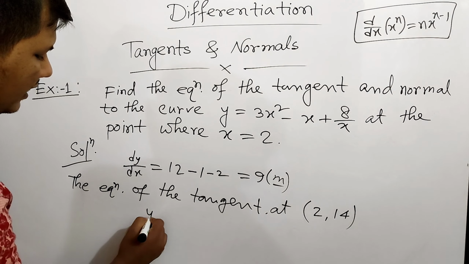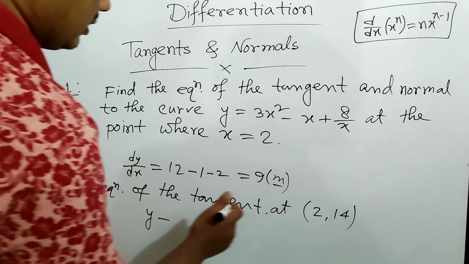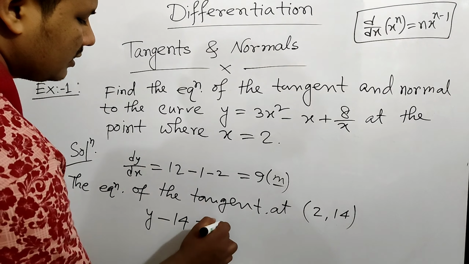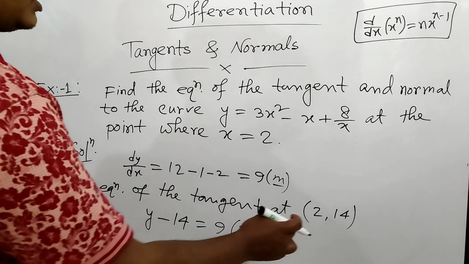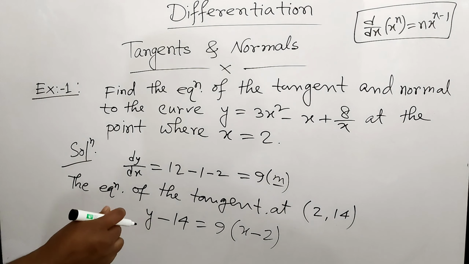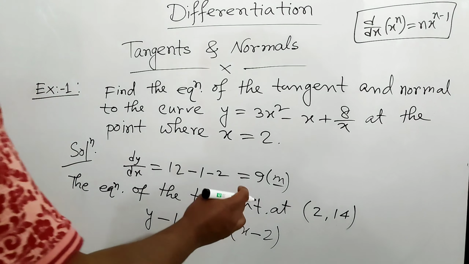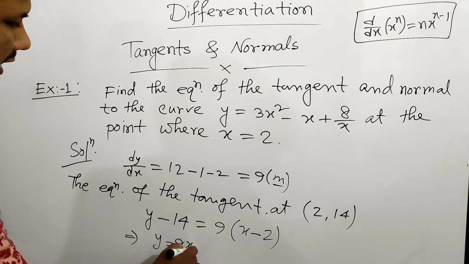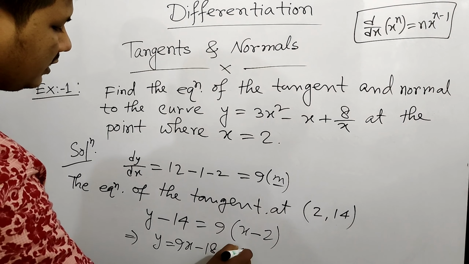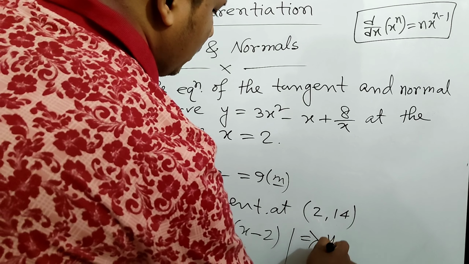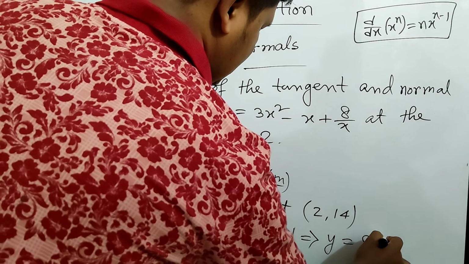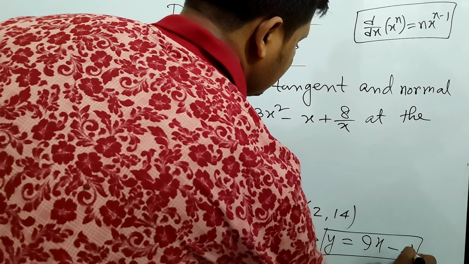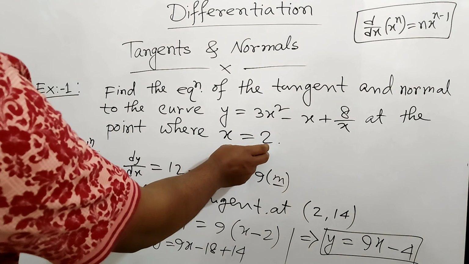The formula is y − y1, here y1 is 14, equals m times (x − x1), where m is 9 and x1 is 2. Now if we do the calculation, that is y = 9x − 18 + 14, or you can write y = 9x − 4. So this is the equation of the tangent of the given curve at x = 2.